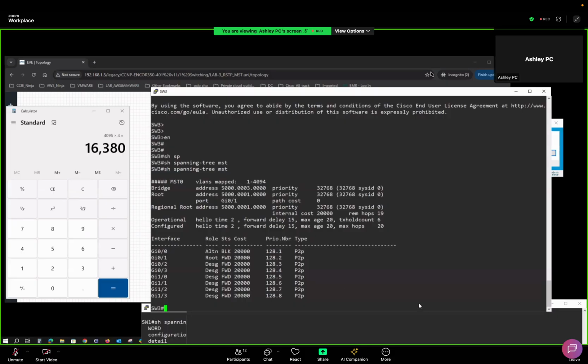Cost always defines the total cost reaching your root bridge. So that port cost takes effect in the calculation of the root port or the designated port, or it is going to block the port. That cost is calculated on the basis of what port role that port is going to take. But as per the IEEE standard, that cost is local.